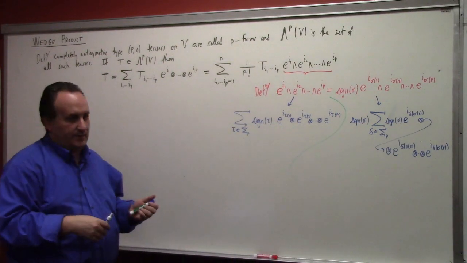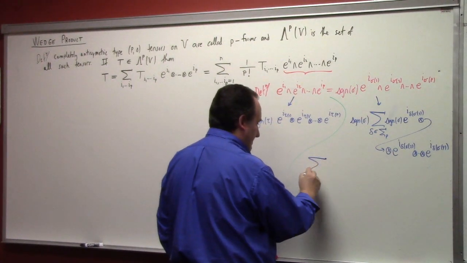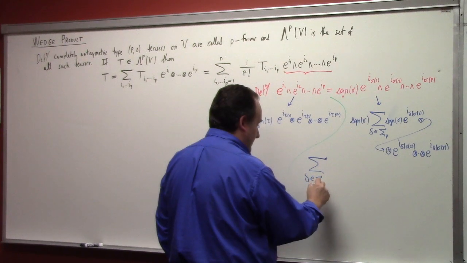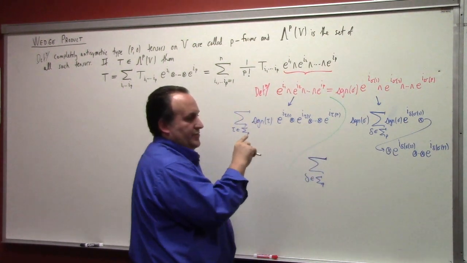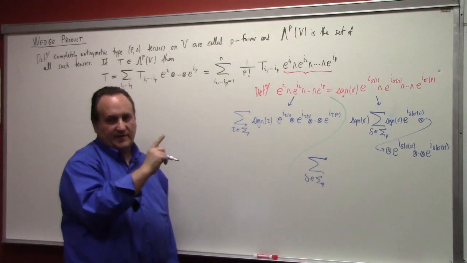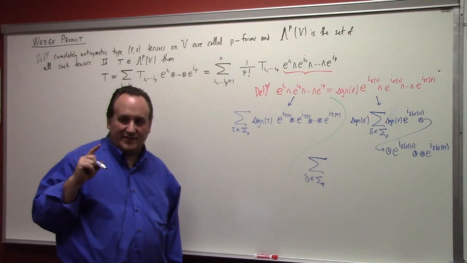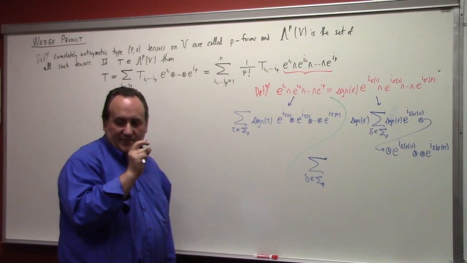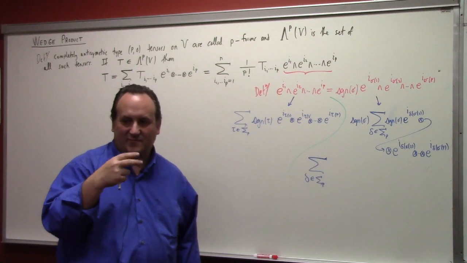But I would point out that we can rewrite this as the sum over delta in the permutations of the sign of sigma times the sign of delta. Remember this property? The sign is a homomorphism, and it preserves the composition of permutations, taking it to the product of the numbers 1 and minus 1.